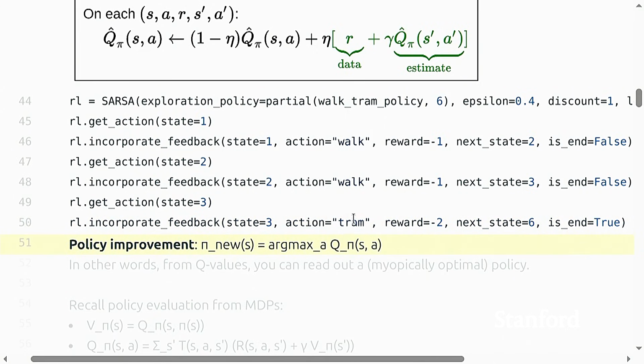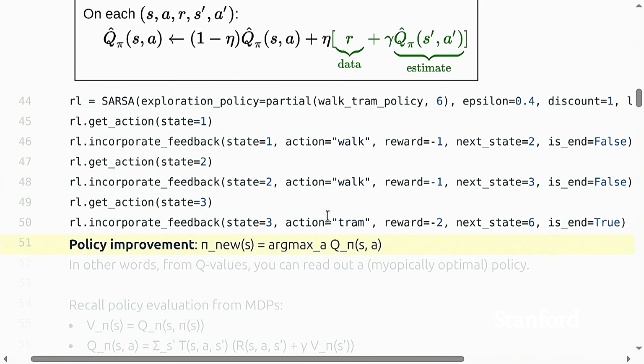Okay, so one thing that's interesting I want to emphasize is the strong connection between Q values and policies. So SARSA computes Q pi, which is the Q value of the particular policy pi. But given this Q value, I can read out a policy. And the policy I read out is simply, well, I just take the best action here, so argmax over A of Q pi of S, A, and that gives me a particular action to follow.